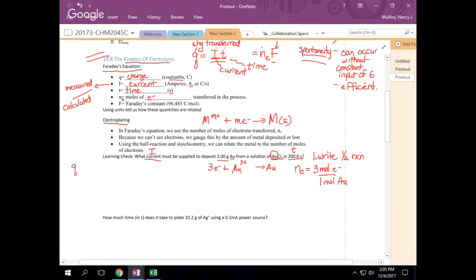So if Q is equal to IT, that's equal to NF. I'm solving for current. So number of moles of electrons times Faraday's constant over time should be equal to my current.